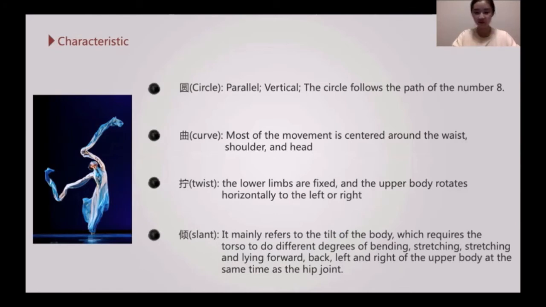You can see it right here, but it's too long, so I will not read it. All of these elements, the characteristics, you can also find in this picture. Some of them are the circle or curve or twist, a slant. It's also a process, not a gesture or a single movement. So the picture cannot show the process, but you can still find something in it.